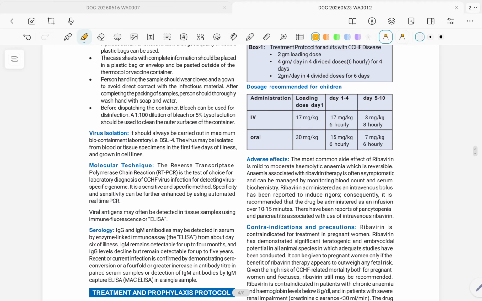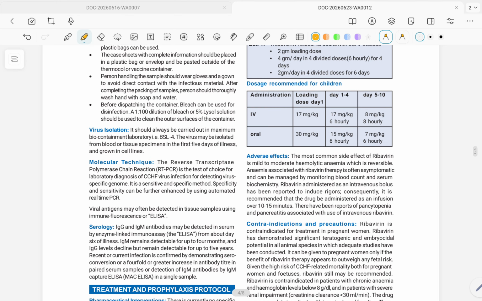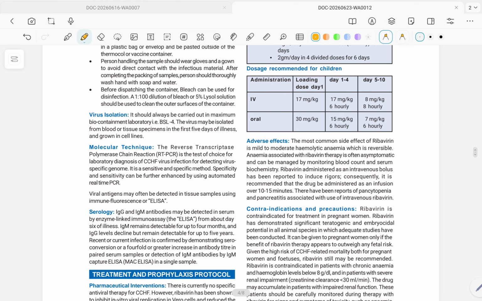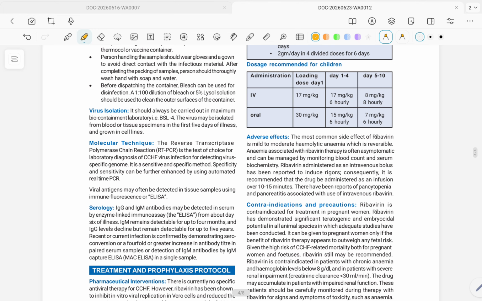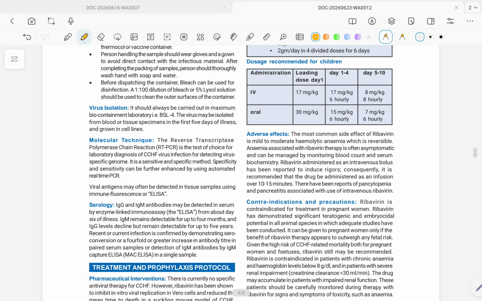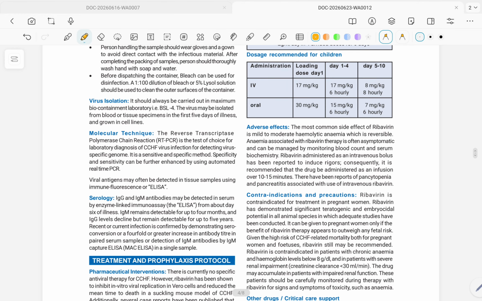After completing the packaging of the sample, the person should thoroughly wash their hands with soap and water. Before dispatching the container, bleach can be used for disinfection. A 1:100 dilution of bleach or 5% Lysol solution should be used to clean the outer surface of the container.